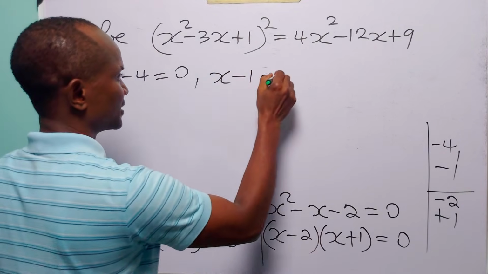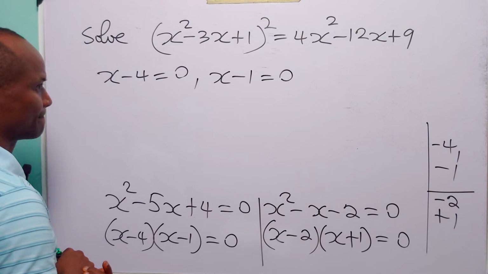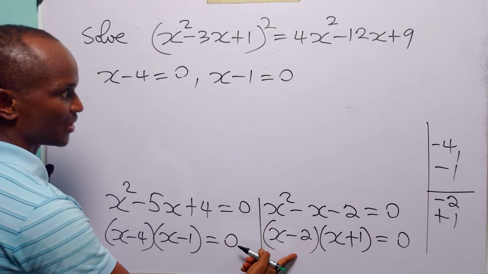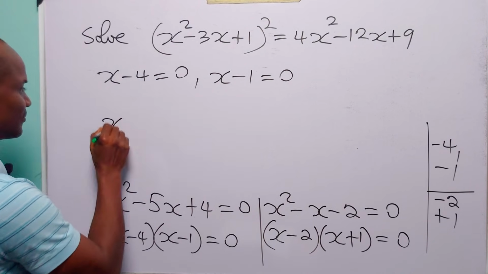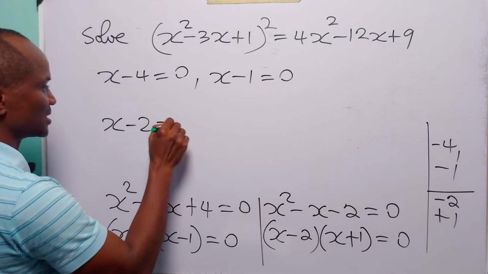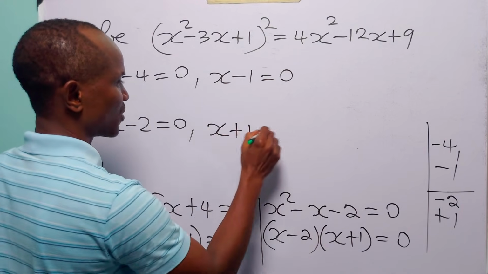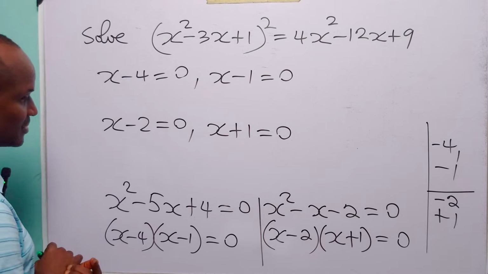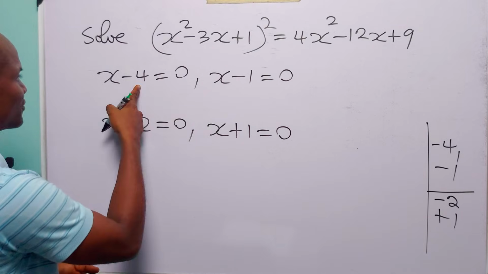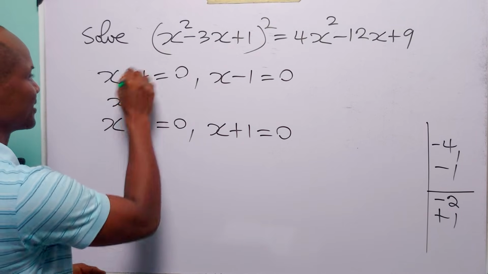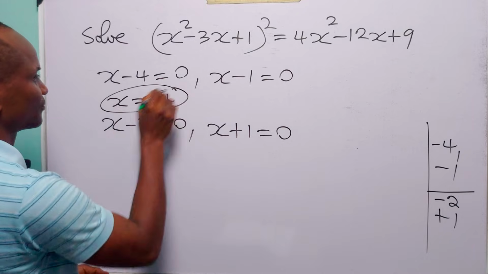And of course, from here we have that either x minus 4 is equal to 0 or x minus 1 is equal to 0. While from here we have that either x minus 2 is equal to 0 or x plus 1 is equal to 0. Of course, from here we have that x is equal to 4.